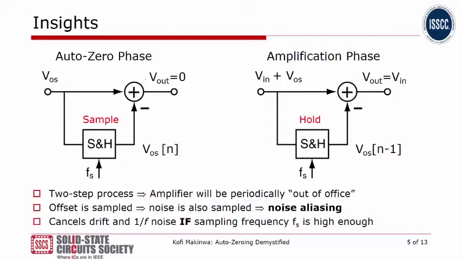And that means that any noise associated with the offset will be sampled as well, which means that you will always suffer from noise aliasing. Last but not least, you can imagine that if this auto-zeroing process happens periodically, it will act to cancel drift and one-over-F noise, provided the sampling frequency is high enough.